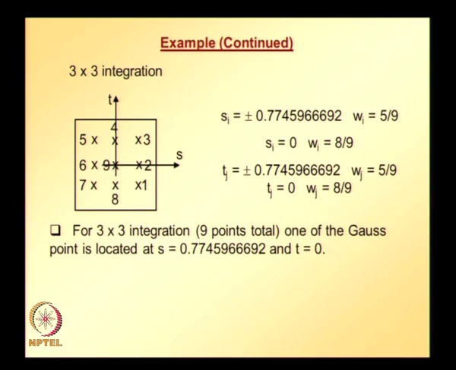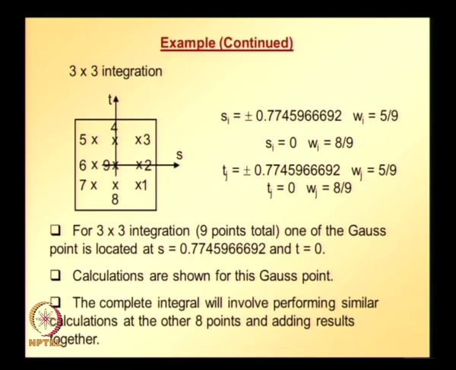So for 3×3 integration, there are 9 points in total, and one of the Gauss points is located at this position, and calculation details are going to be illustrated for this particular point. Calculations are shown for this point.